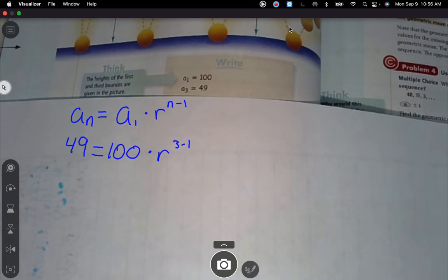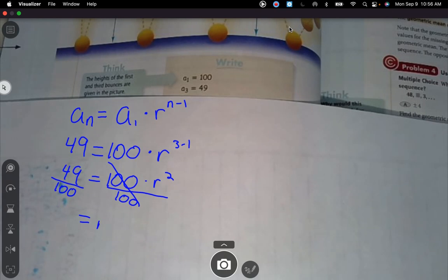I'm trying to find my R. Do you all remember doing this? This was the harder problem when we did arithmetic. Now, what is 3 minus 1? 2. Y'all were asleep. Okay. Times R squared. This is a little bit more difficult. How would you get R by itself? Ignore the square. That's coming. Divide by 100 first. But yes, that's coming. So I'm going to divide by 100.